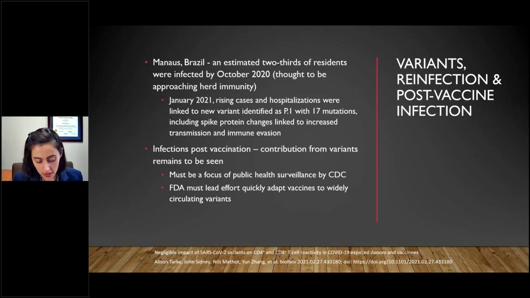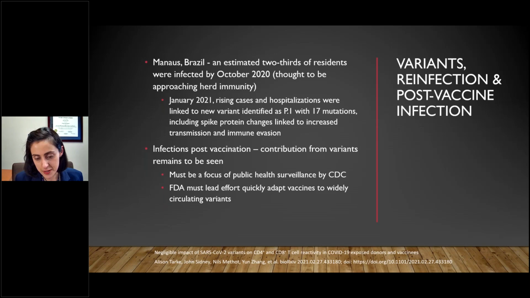A couple of months ago, before these variants were predominating, the thinking was that reinfection truly doesn't happen outside of a really minor handful of cases.